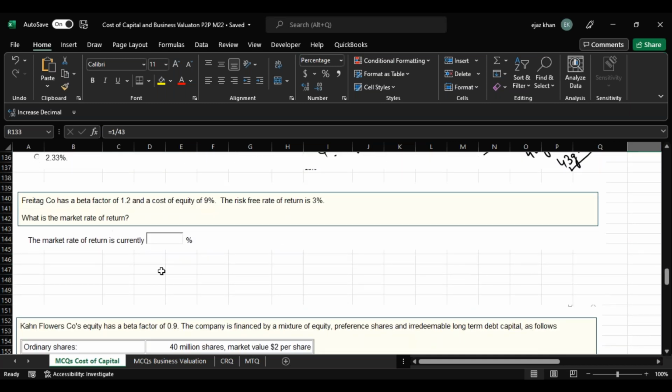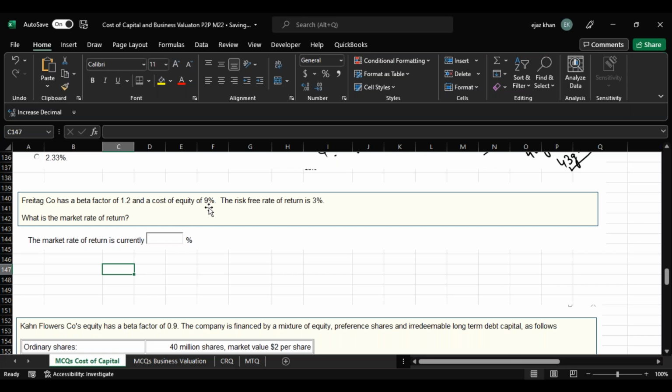Okay. Market rate of return is currently a question mark. So again, it's the CAPM model, where it is asking for a market return, right? So it has already calculated cost of equity. So we have to do that reverse calculation again.